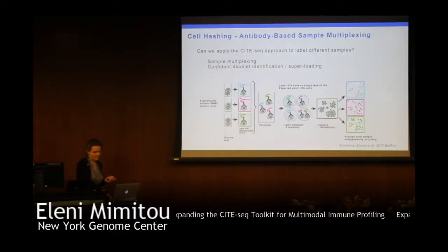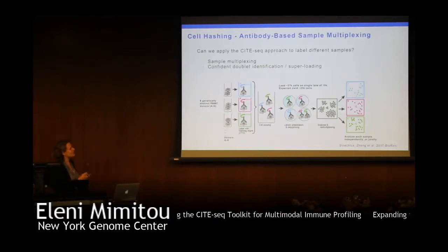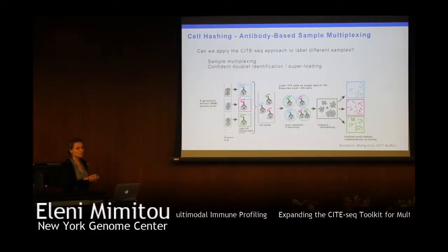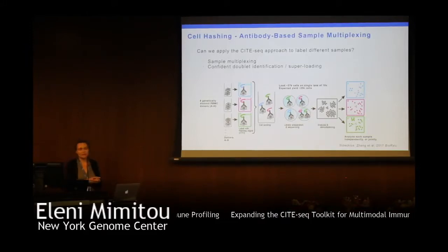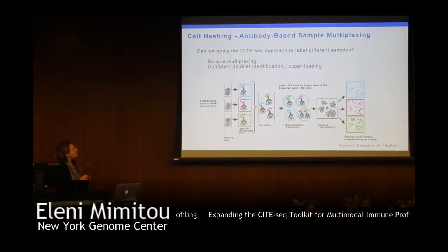Moreover, an extension of CITE-seq that was very enthusiastically received is cell hashing, which is essentially multiplexing with CITE-seq antibodies against cell surface markers, in a manner similar to CMO multiplexing. So we can stain different samples with barcoded antibodies.